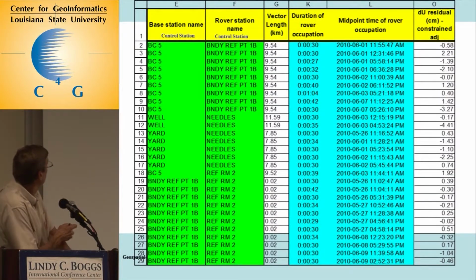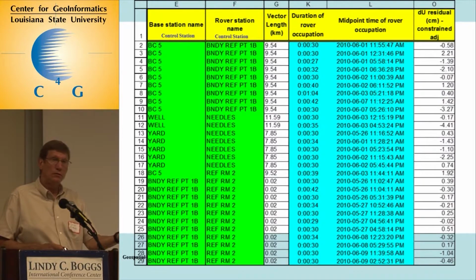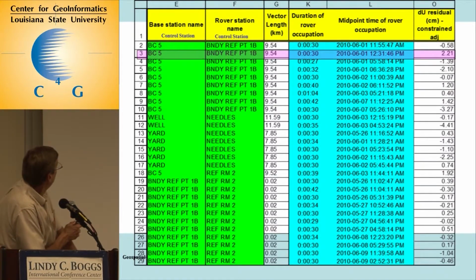Now here, these are all control stations, okay? They were all fixed. And these are the differences basically between the observation and the published values. So between BC5 and that boundary, this observation only differed by 5 millimeters.